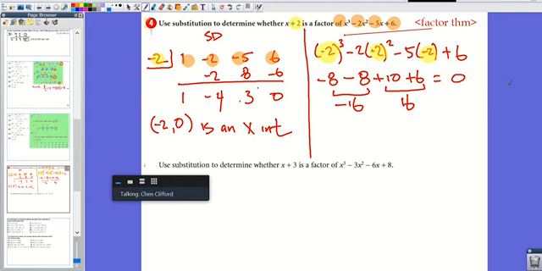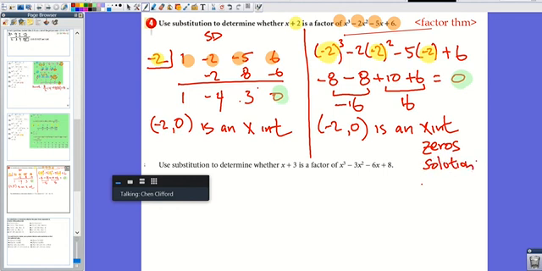Watch this: the 0 matches here and here. So again, -2 is a factor, or is an x-intercept. They use the term x-intercept, but you can also use the terms zeros, solutions, roots.